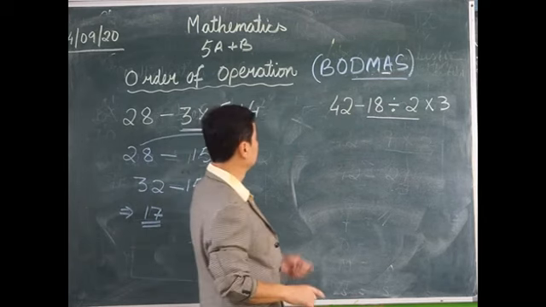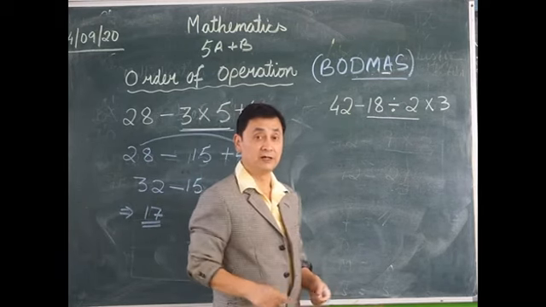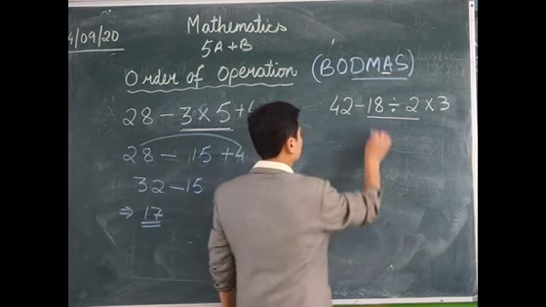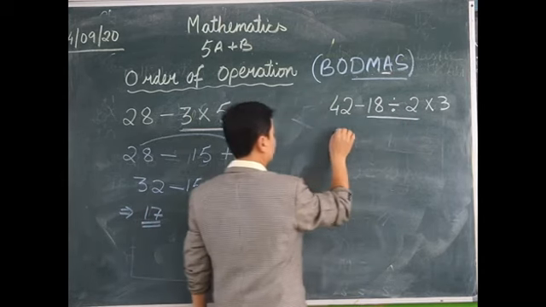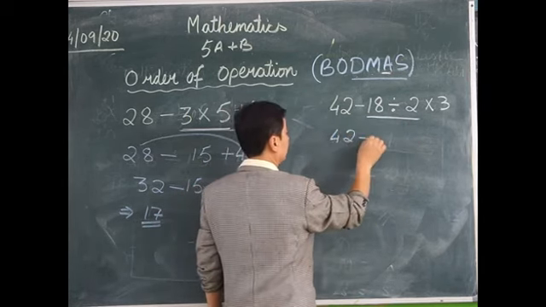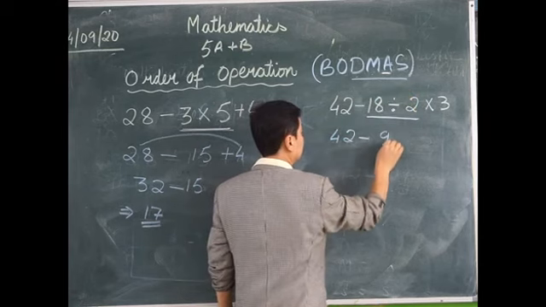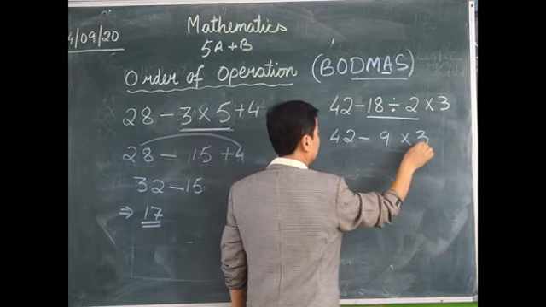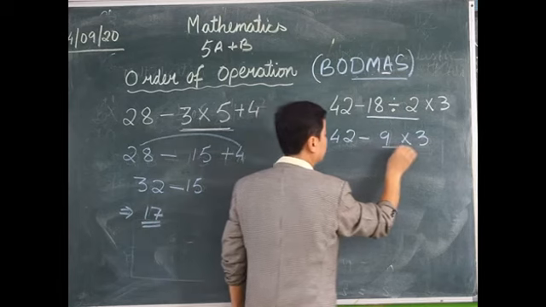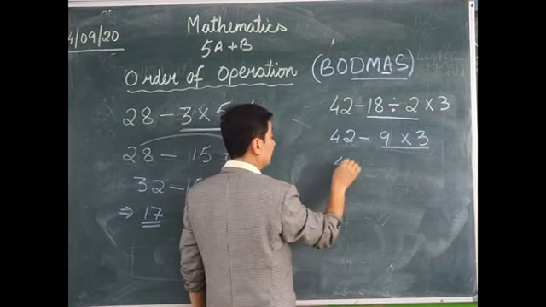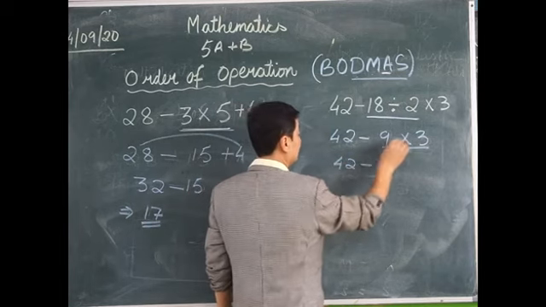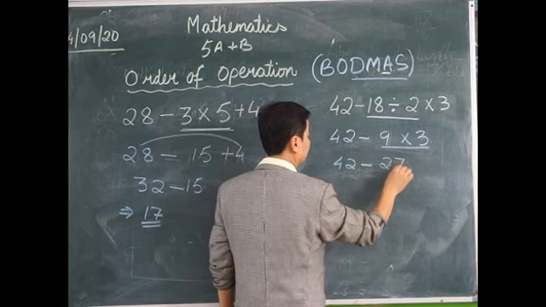Write the sum again. What does BODMAS say? We must do division first. So underline. Like 42 minus, 2 goes into 18 9 times, into 3. What is the next step? Multiplication. Underline multiplication. 42 minus 9 3s are 27.